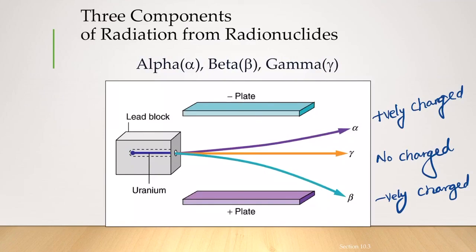They did an experiment where they put two plates, and the alpha particles were deflected towards the negatively charged plate, which is how they found out that alpha particles are positively charged. Similarly, the beta particles deflected towards the positively charged plate.